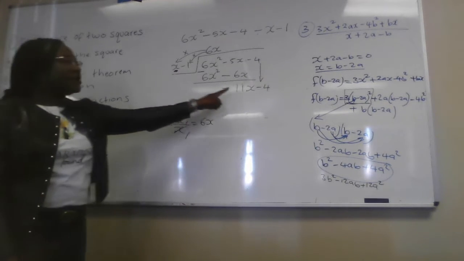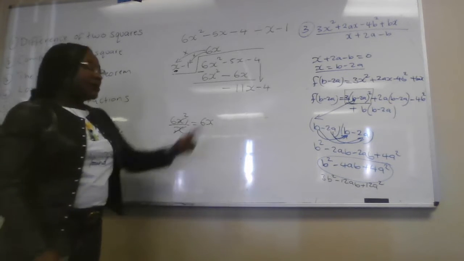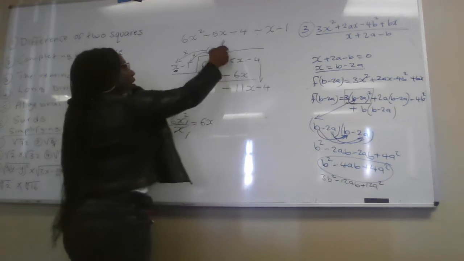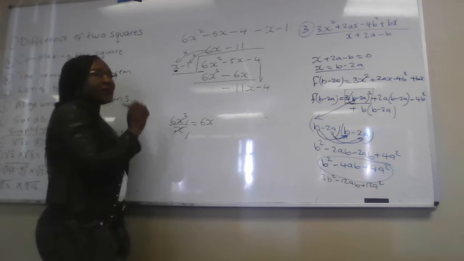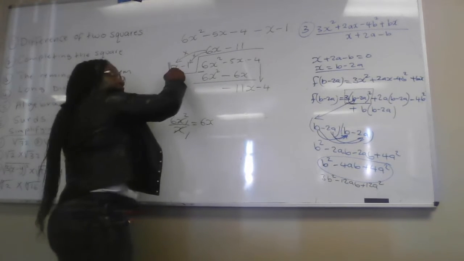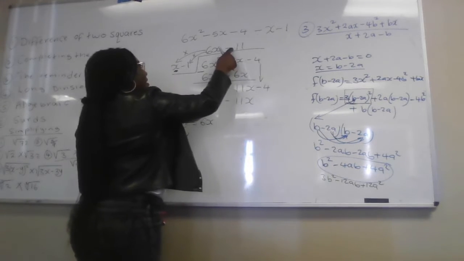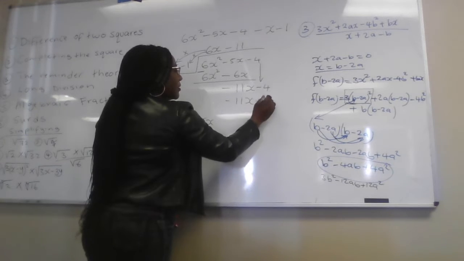Next, this into that. So what we are saying, this into that is minus 11. Then you write up here minus what? 11. Then times minus 11 times x, minus 11x. Minus 11 times 1 is positive 11.